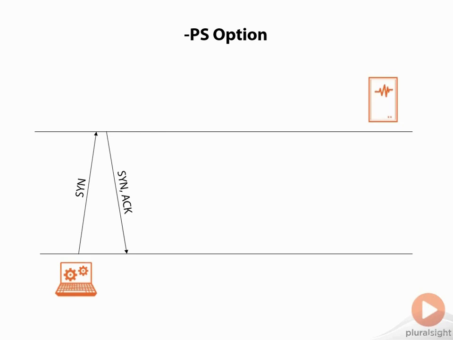This confirms to Nmap that a system exists at that IP address, and therefore Nmap has no further need of communicating with the target system. And so instead of completing the three-way handshake with the final ACK, Nmap sends a packet with the reset flag set, which tells the remote system to tear down the connection and terminate communications. This type of connection, where we abort the session after the first SYN-ACK reply, is often referred to as half-open scanning.